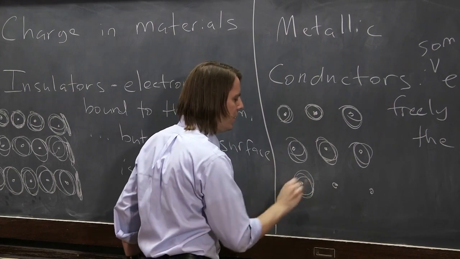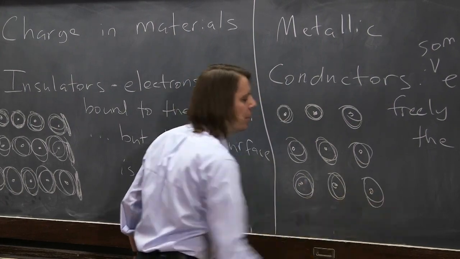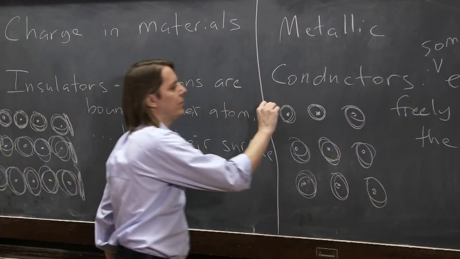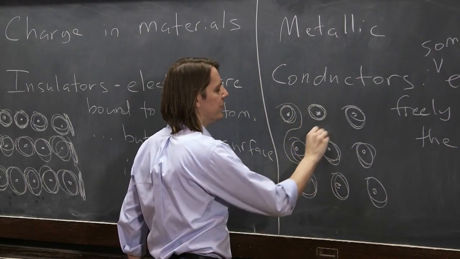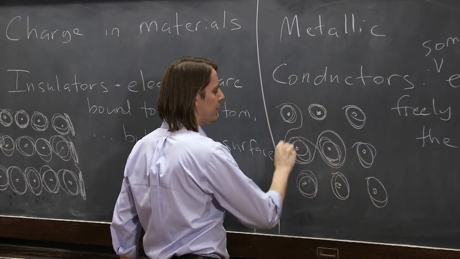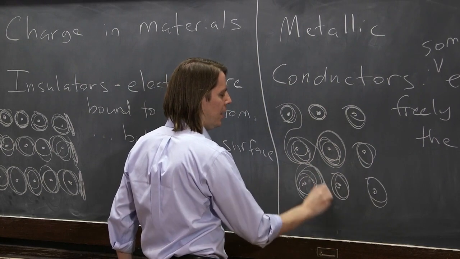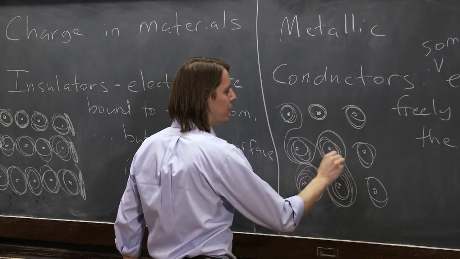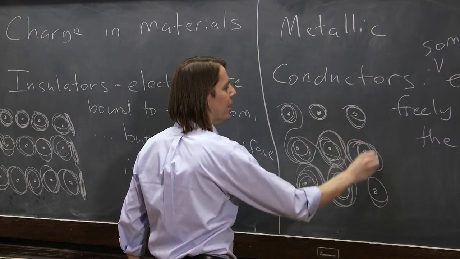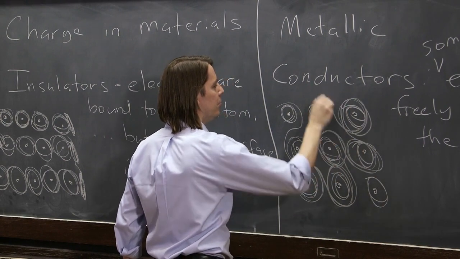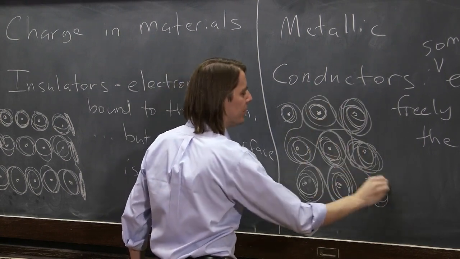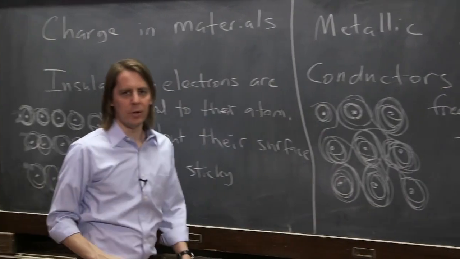These electrons do not leave their nucleus, but then some are just free to wander around. They can go visit this atom for a while, see how it's going, and then go see this atom, and send a message over to this atom about this atom's parents. So they can go all through the material and flow around. Okay?